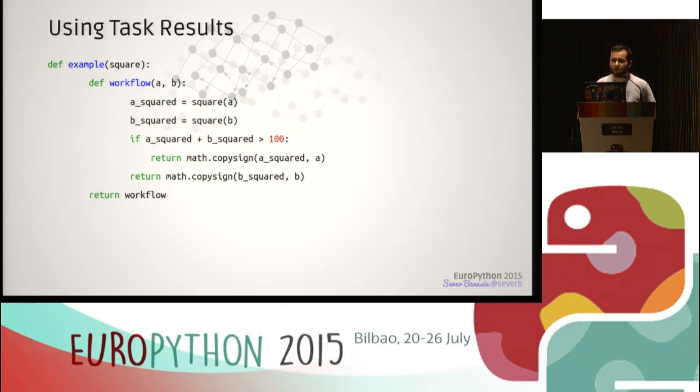So the other thing you can do with the task result is to use it as a Python value. Like we see here, I'm squaring two numbers and then I'm adding them together. And when this happens, if any of the values involved is a placeholder, meaning that there is no result for it yet, a special exception is raised that will interrupt the execution of this function.